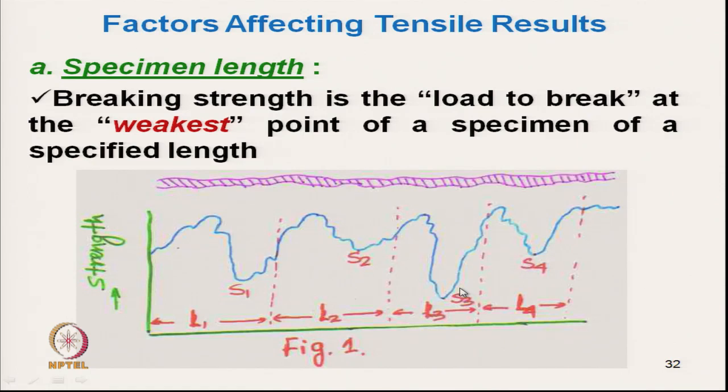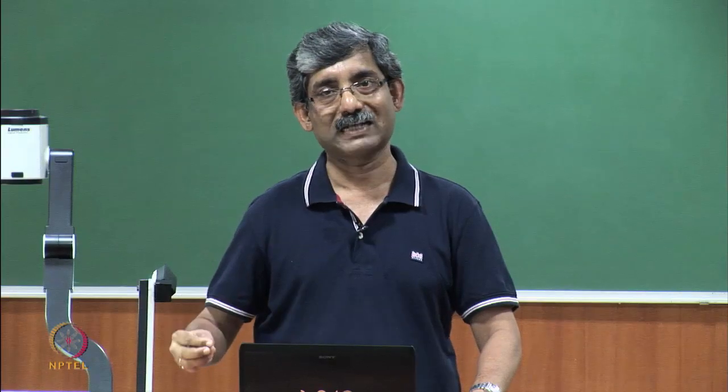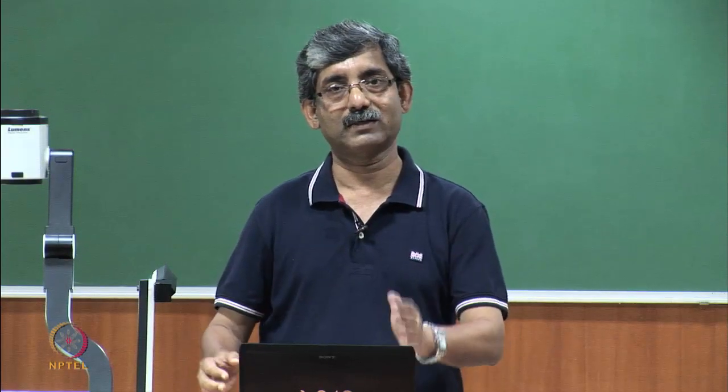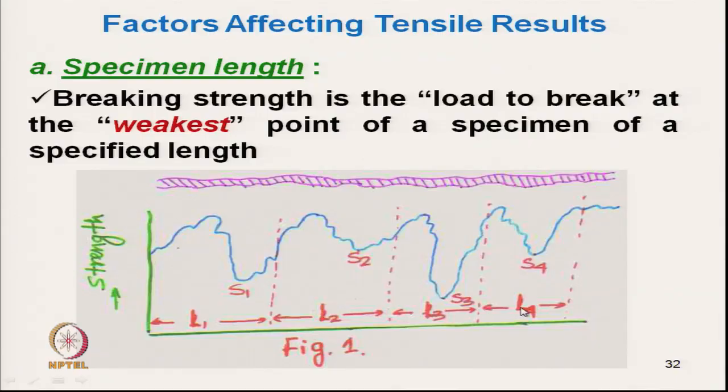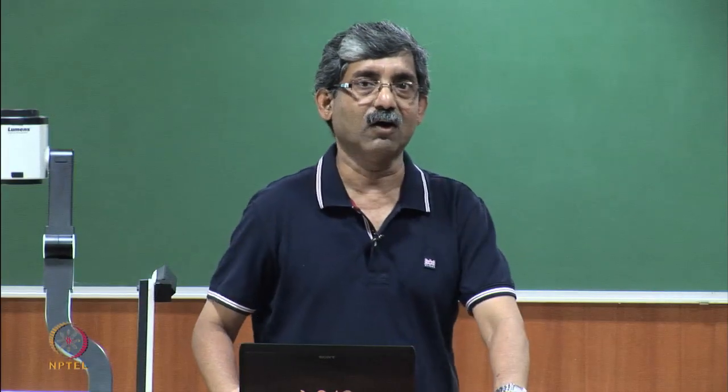Now, if we break the total yarn in 4 different tests, L1, L2, L3, L4 sections of the same length, the yarn strength will be S1 plus S2 plus S3 plus S4 divided by 4, which is a mean, and is more than S3. That shows that the reduction in test length increases the apparent strength of yarn.